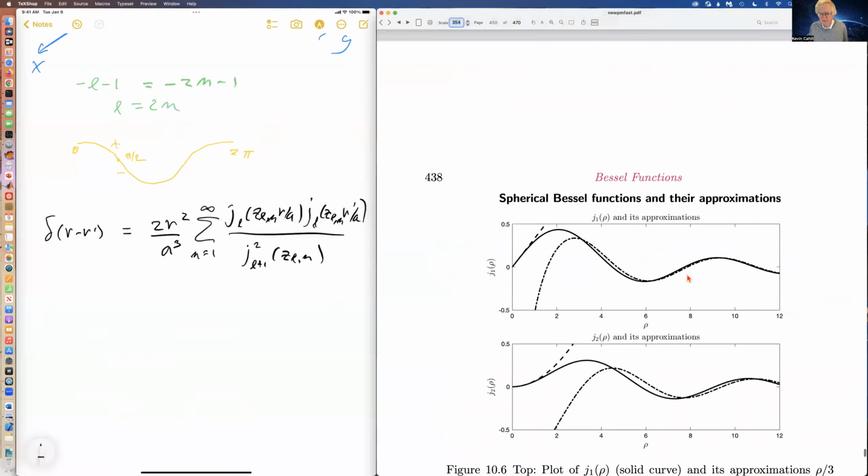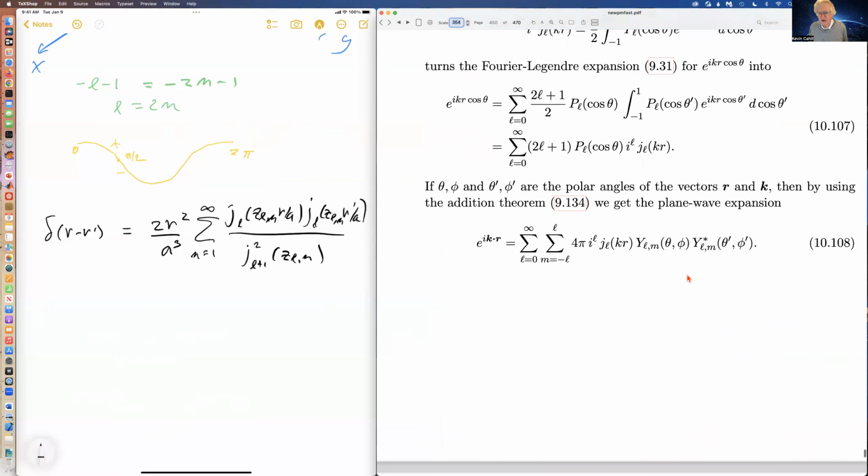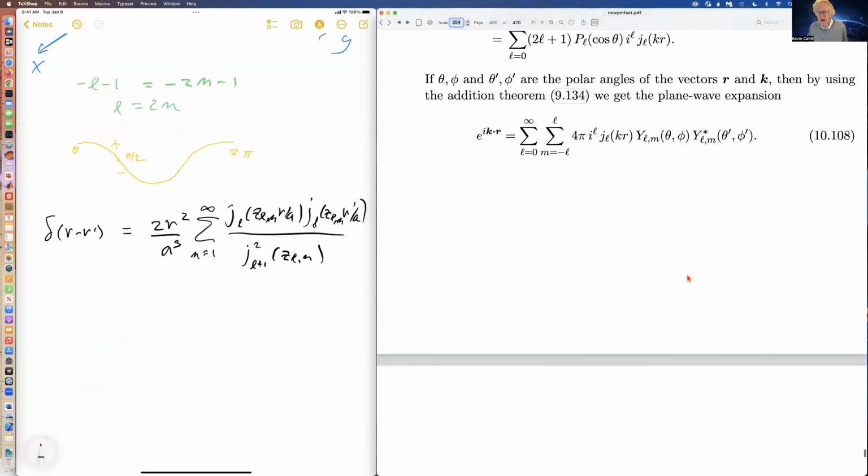I think I'm going to skip all that. We did that last time. One of the things that's important is this plane wave expansion. This is what's often used in scattering theory, non-relativistic scattering theory, or even, I guess, relativistic.